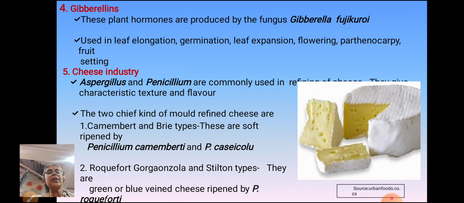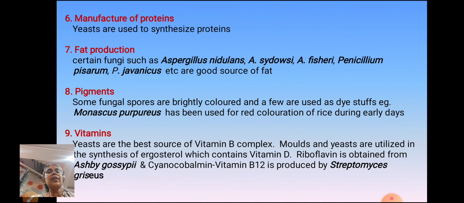In Camembert and Brie types, Penicillium camemberti and Penicillium caseicolum are used for ripening. In Roquefort and Stilton types, the green or blue veined cheese is ripened by Penicillium roqueforti.